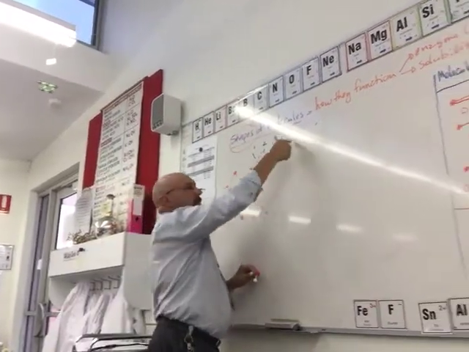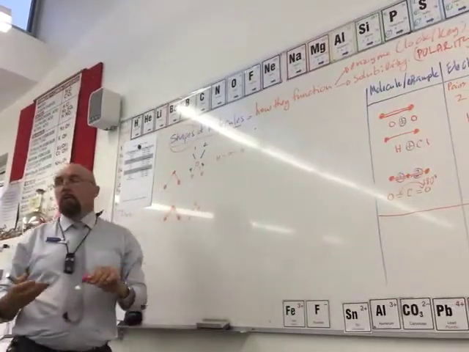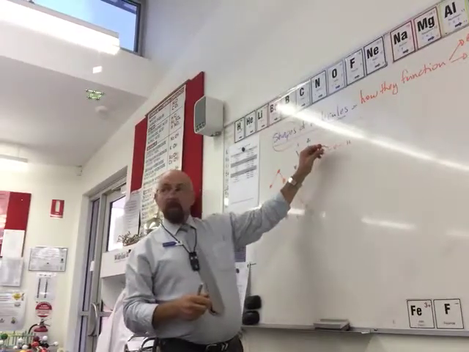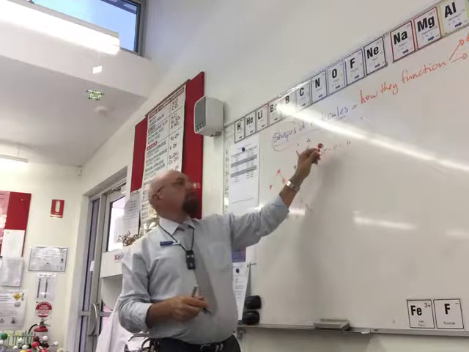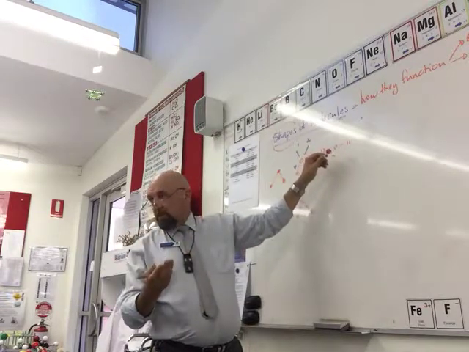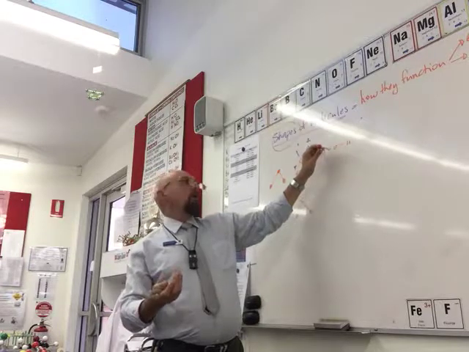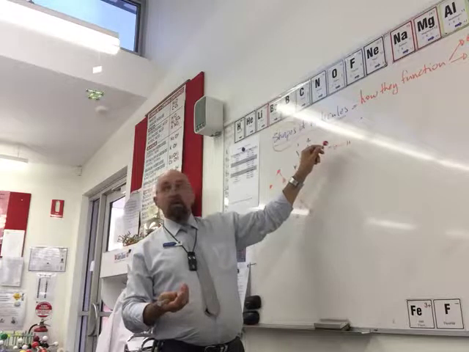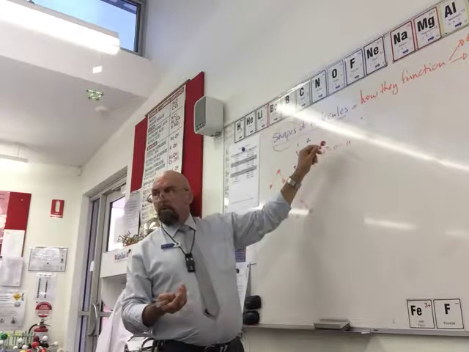So if all these electrons around our central oxygen repel, it can't be linear. It can be linear if we go from that direction, but when we talk about the shapes of molecule, it's where the atoms are in 3-dimensional space. So water would not look like that if we actually put the shape of the molecule. Hopefully you can see it's linear. Sorry, it's not linear, is it? What is it?